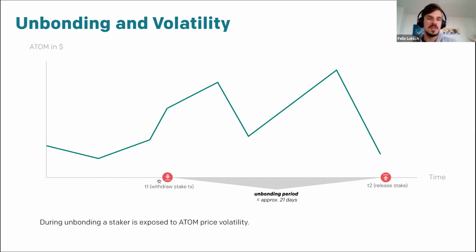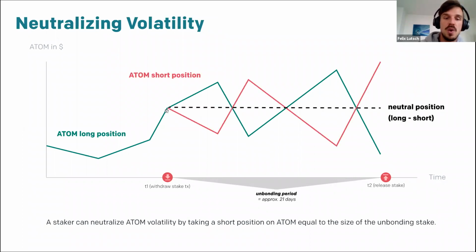So we took a bit of a different approach. If you issue this withdrawal transaction, what you could potentially do is take a short position on Atom, exactly the size of your unbonding tokens, so that you are mirroring, because you're still long the Atom price in the usual network for this unbonding period.